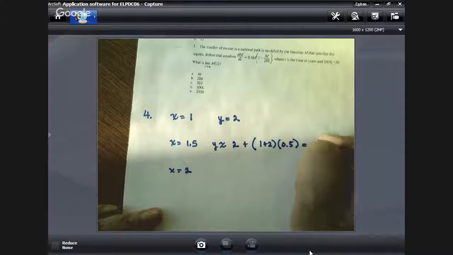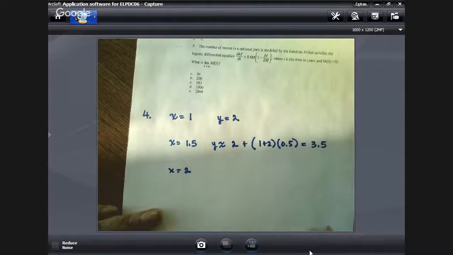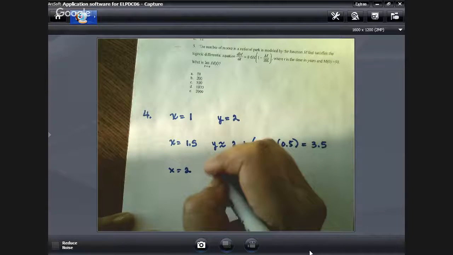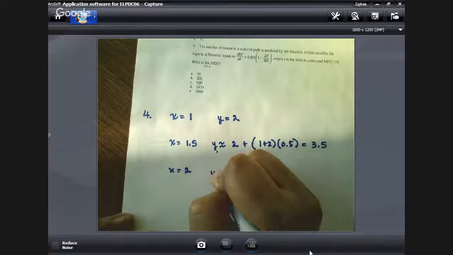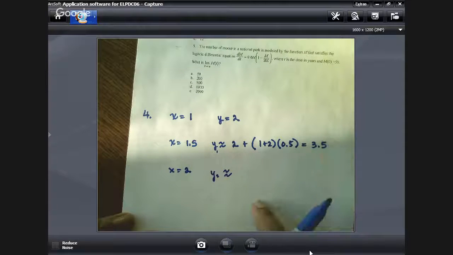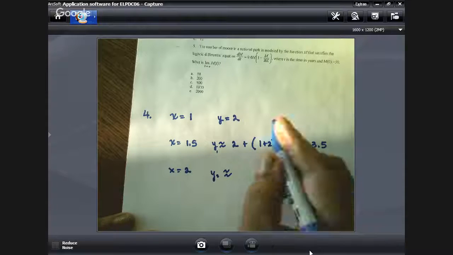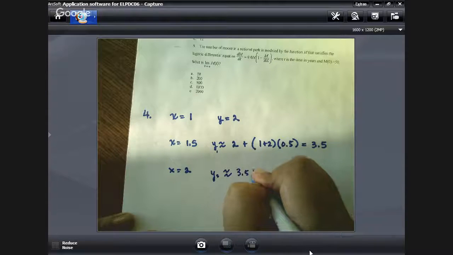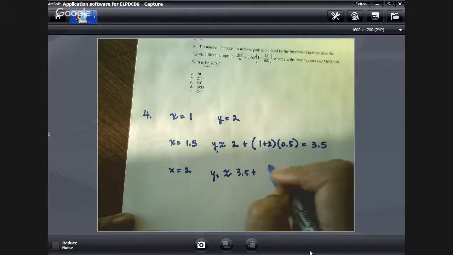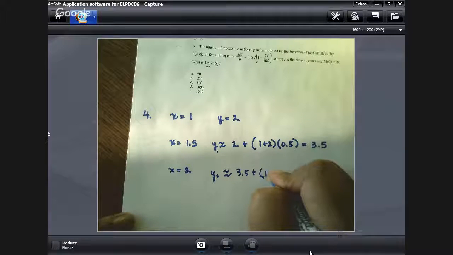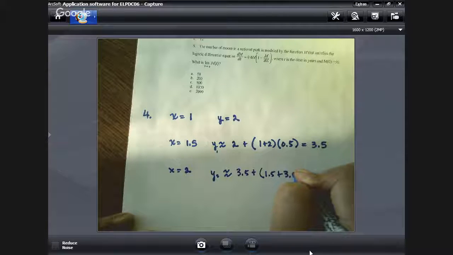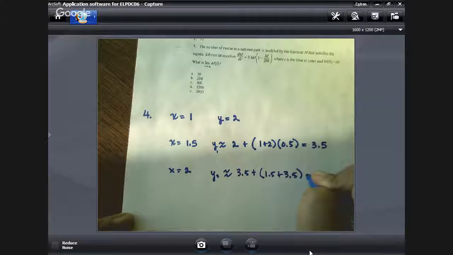So this is equal to 3.5, right? 2 plus 1.5. And then that means that that's my new y value. So that's y1 if you want to call it that. So my next y value is going to be my previous y value, 3.5, plus the dy dx. In this case, it would be 1.5 plus 3.5 times delta x, which is 0.5.